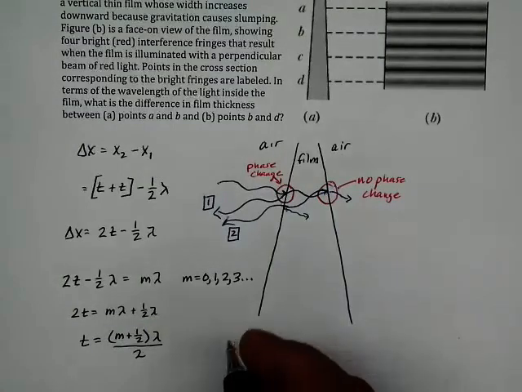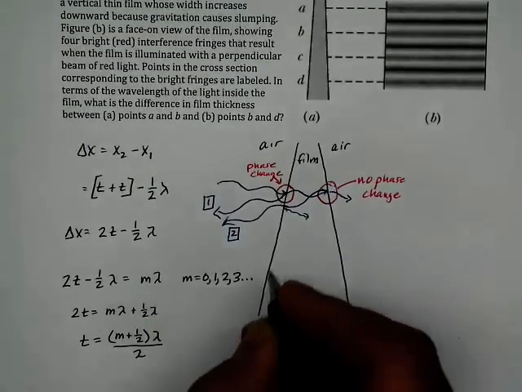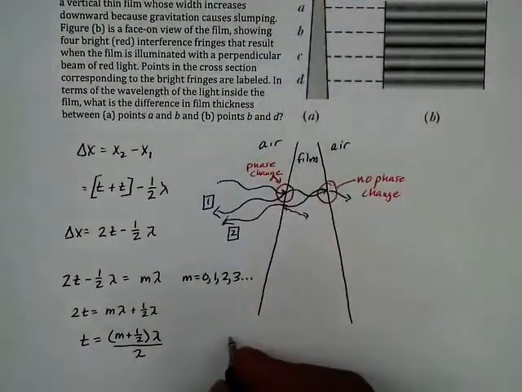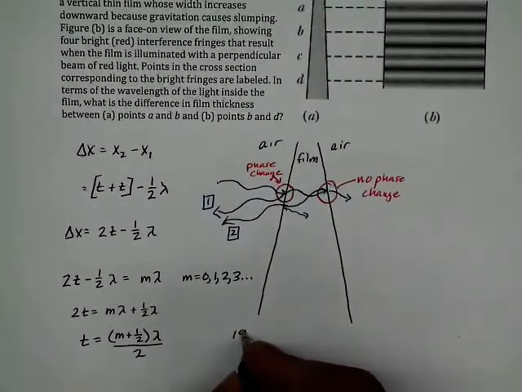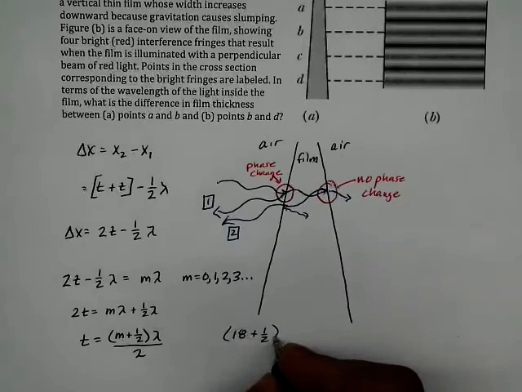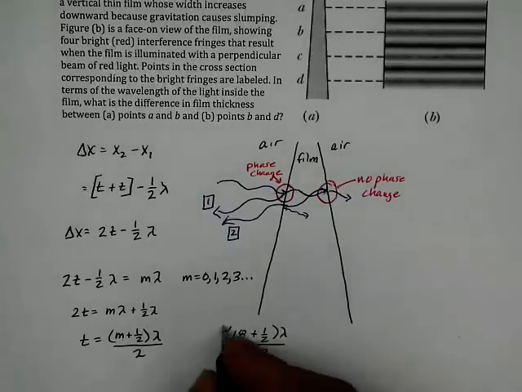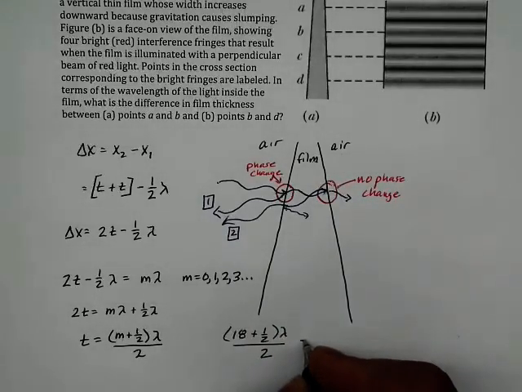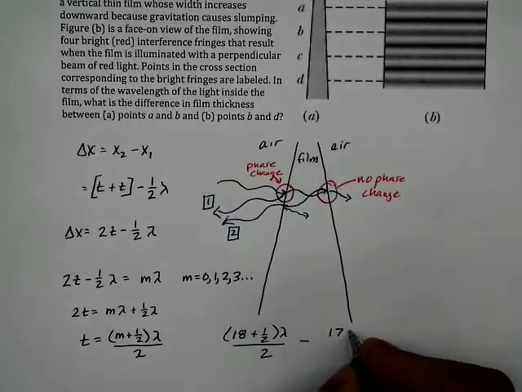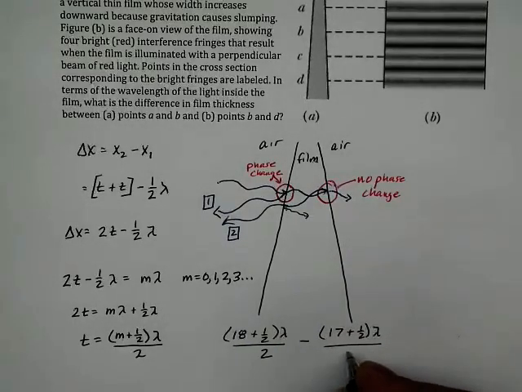Let's make that a little more concrete. Let's say this was 17 and this was 18. I should have picked easier numbers to do math with, but we'd write 18 plus a half number of wavelengths over 2. That'd be the thickness at B. And then we'd be subtracting 17 plus a half of a wavelength divided by 2. This part would go away since it's the same on both sides.